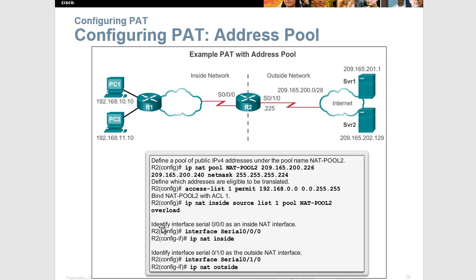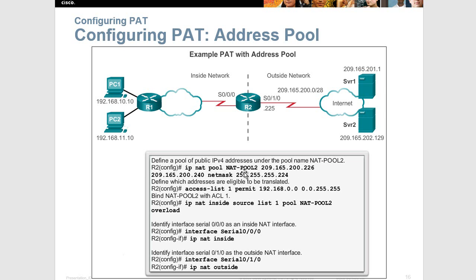The overload is for PAT, but this is the only slide I have to give you on Dynamic NAT. So you don't do the overload part for Dynamic NAT, but really it's the only thing different between Dynamic NAT and PAT. Let's ignore that for now. Then you come down to your interfaces and do your NAT inside for the side towards your network and the NAT outside for the side outside.